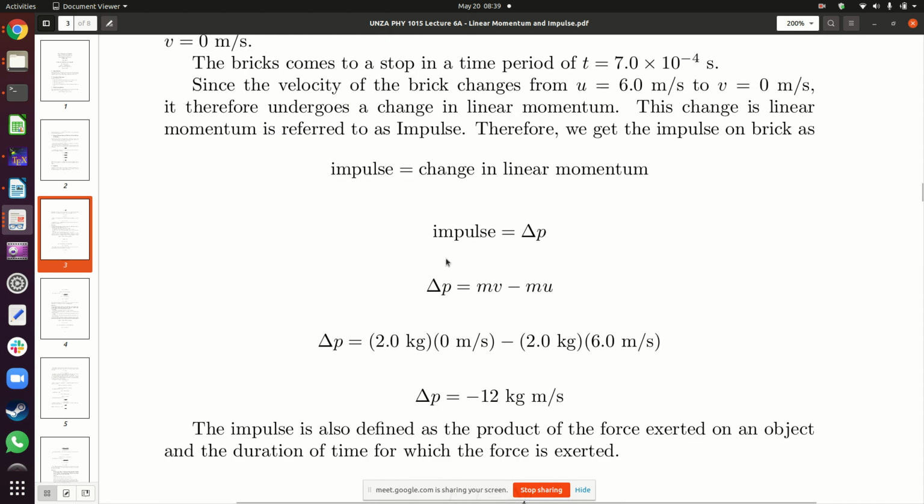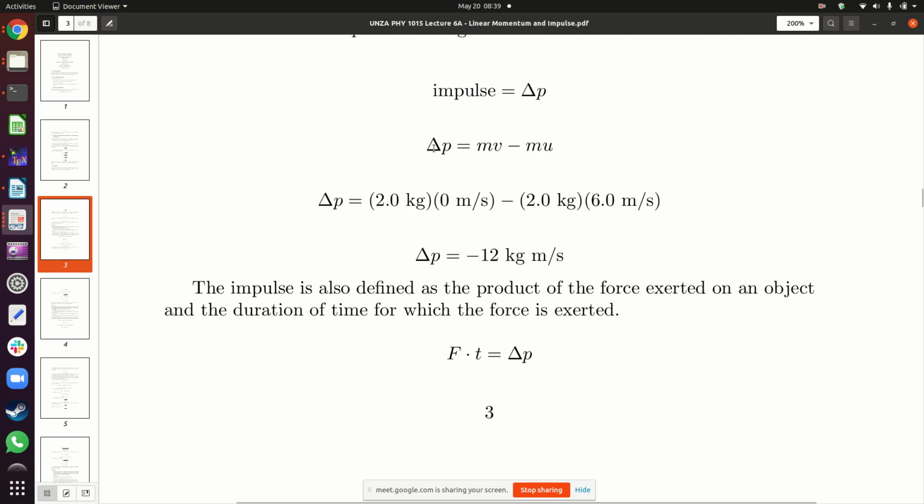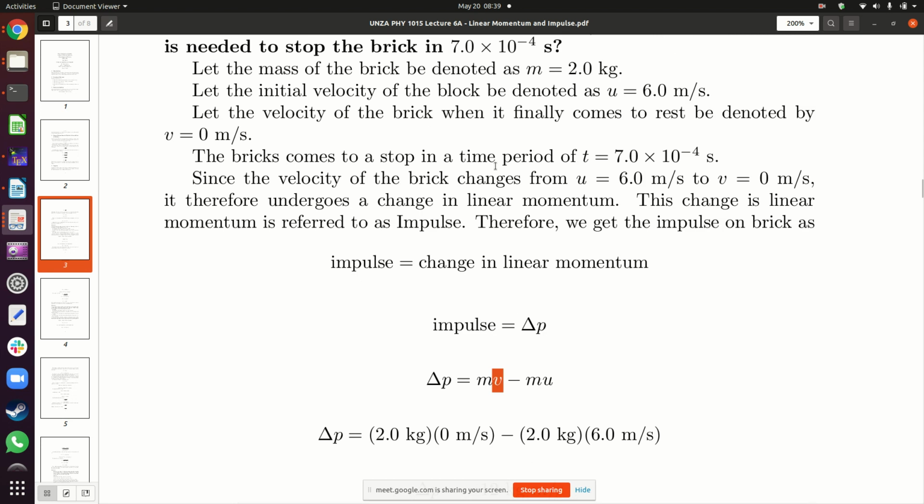So you can work out the impulse. We know that impulse is equal to the change in linear momentum, delta P. So delta P is equal to the mass times the final velocity minus the mass times the initial velocity. The object comes to a stop, so the final velocity is 0 meters per second. The initial velocity is 6 meters per second, and the mass is 2 kg.